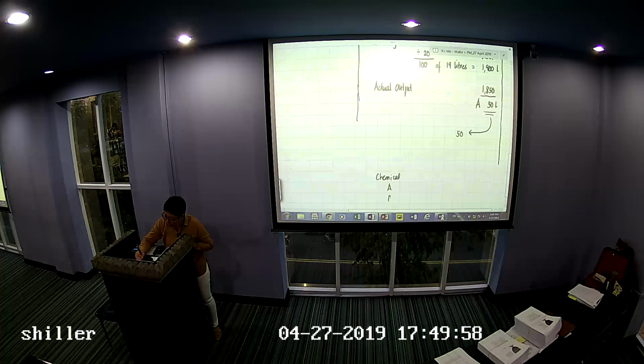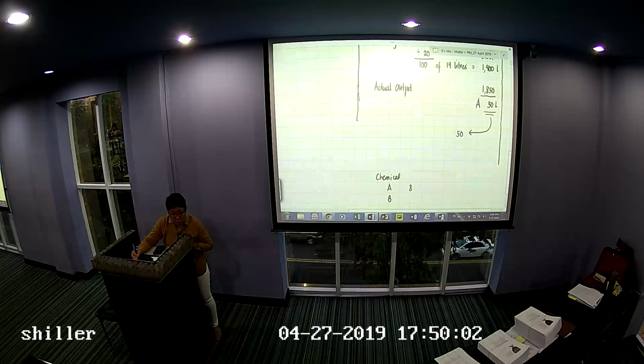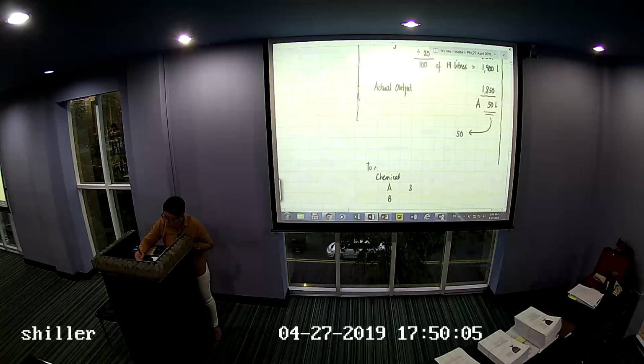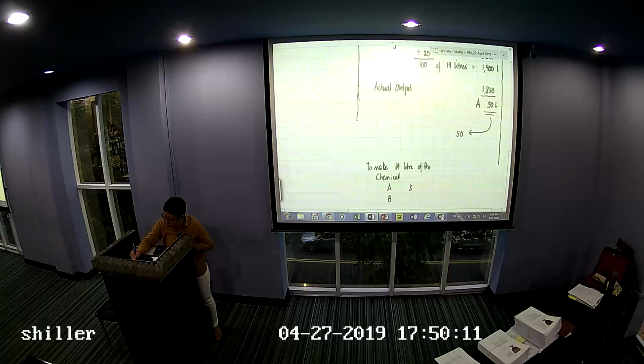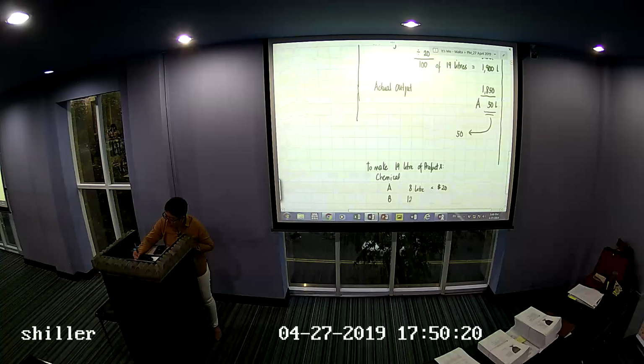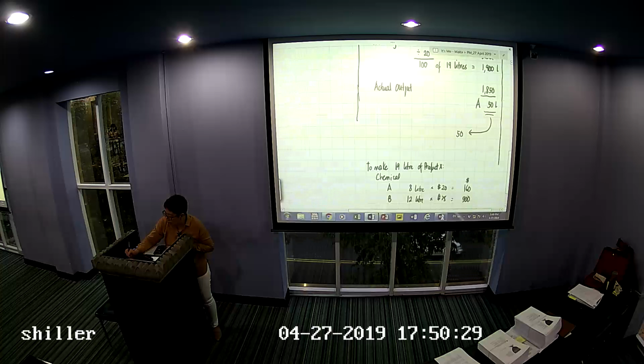Chemical A and B. To make 19 liters of product X, I need 8 liters of A and 12 liters of B. The cost is 8 at 20 and 12 at 25, so this is 160 and this is 300, correct?